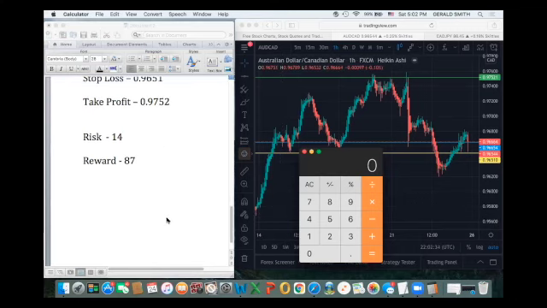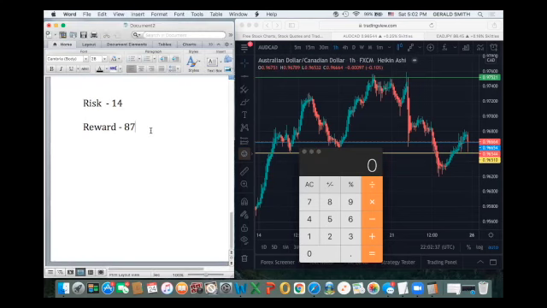Now let's go into what that actually means if you were spending money. So let's say you had an account size of $200. Your lot size would be, let's do a few. 0.01 first.